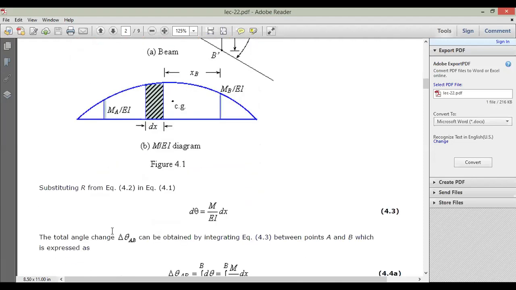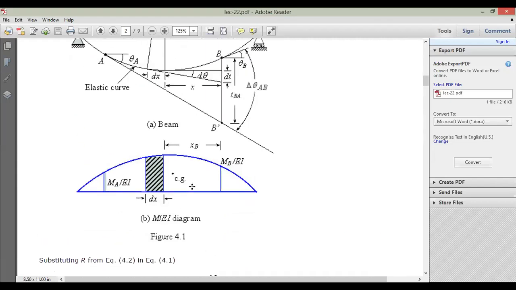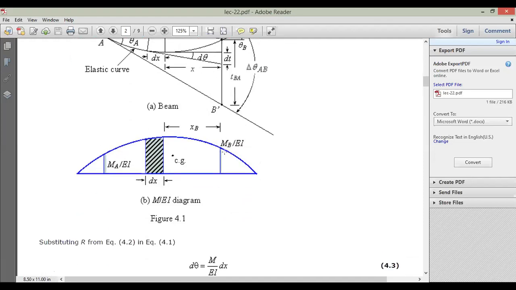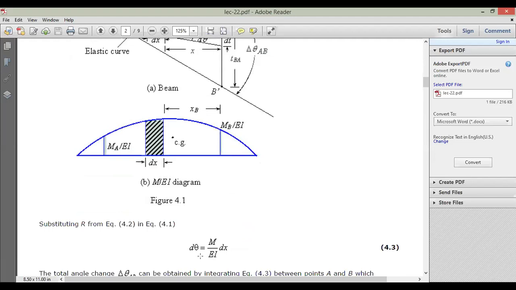Now, coming to the equation, we have d theta equals M by EI into dx. d theta is the angle. Angle is arc upon radius.